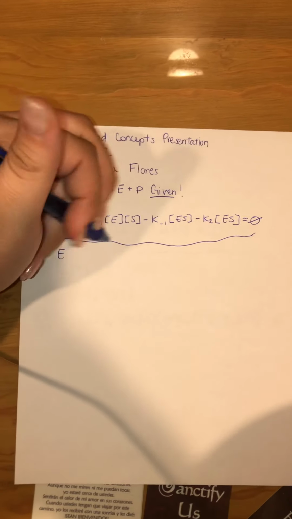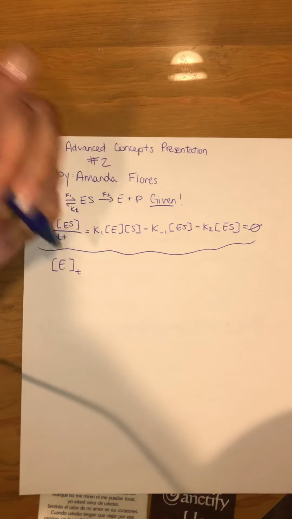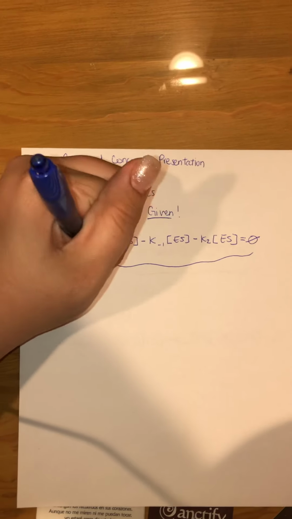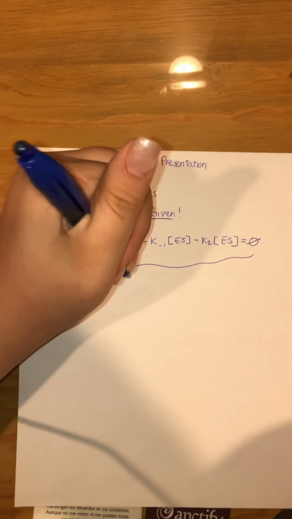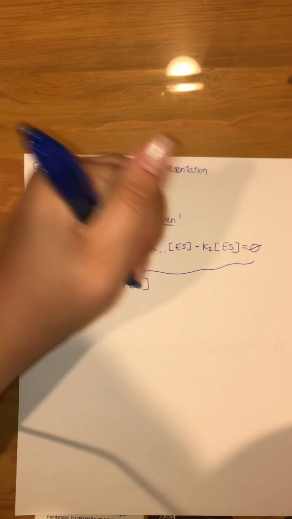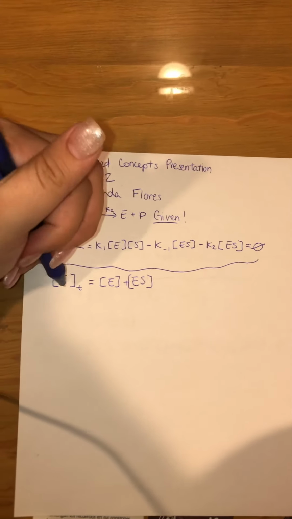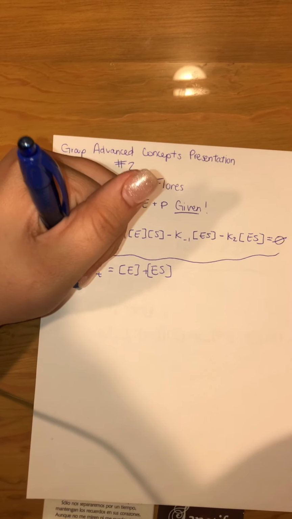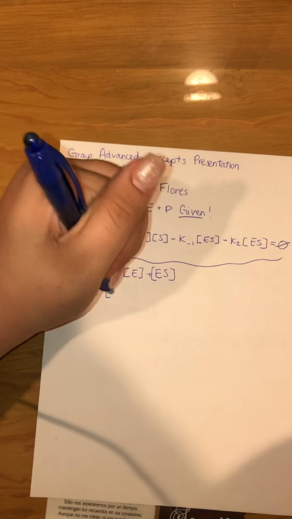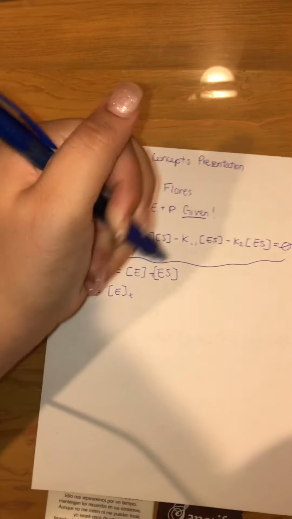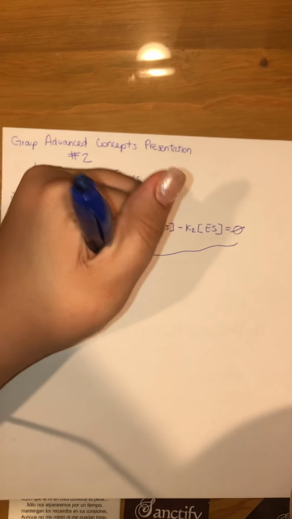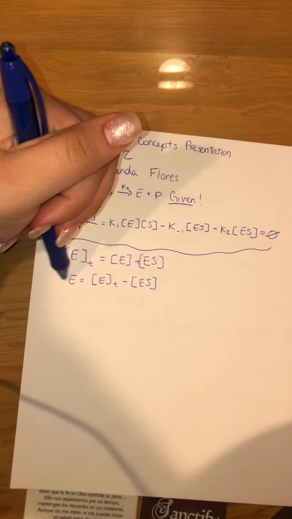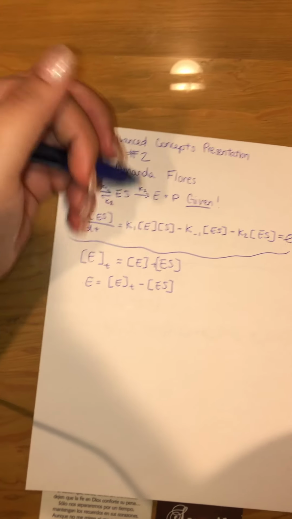We have E sub T, which is the enzyme total, or total enzymes, and it is going to equal E plus E of S. So then moving it around to solve for E, you're going to get E is equal to E sub T minus E of S. So with this equation, we're going to plug it in to the E in this equation.